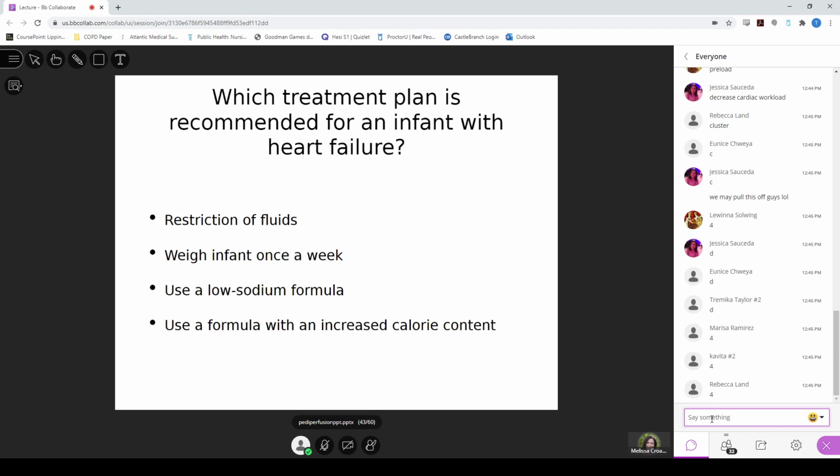Yep. You want to use formulas with increased caloric content. Remember I told you they use a lot of calories trying to eat. They also use a lot of calories with their heart defect and trying to compensate all the time. So these patients, it's twofold of why they're growth restricted and low weight for their age. Okay, so as many calories as you put into them. You would never restrict their fluids. Weighing them once a week is not going to tell you anything, and low sodium is not going to do anything for them. And you don't want to do that.